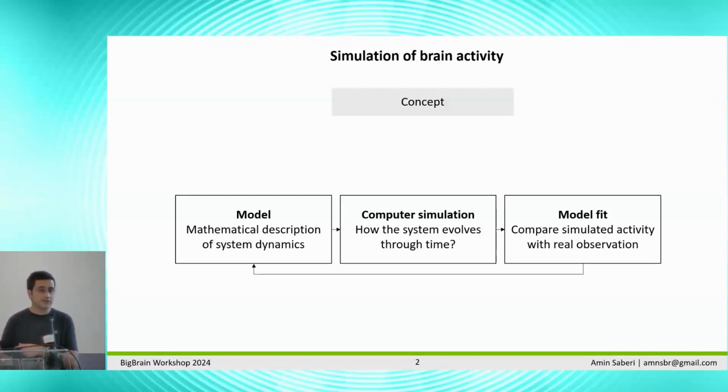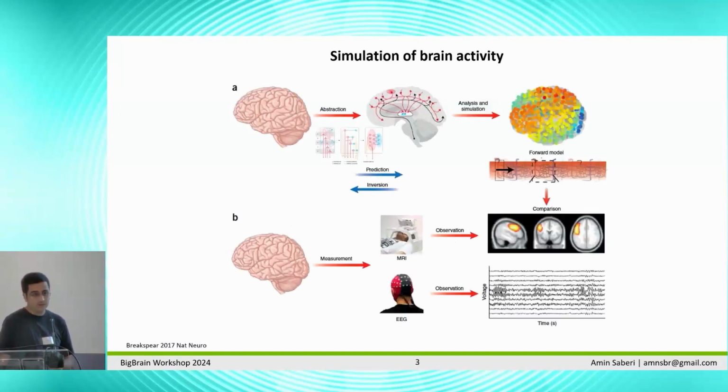If it's not a good fit, you return to your model, adjust its parameters, tune it, and do this process over and over until you get to a good enough simulation which you can then study.